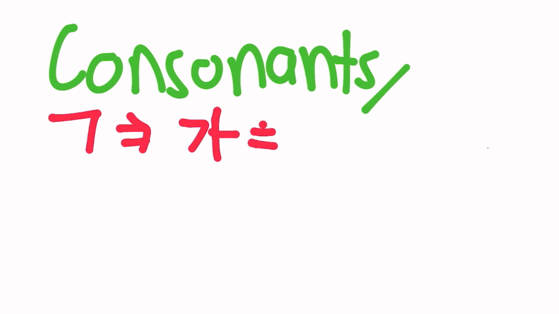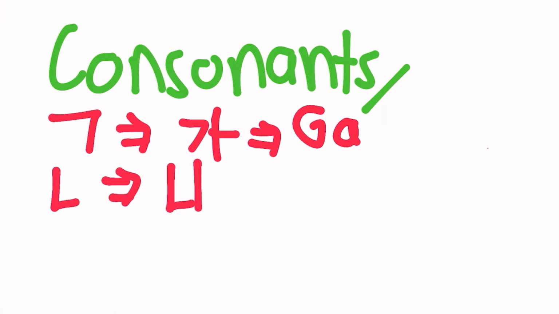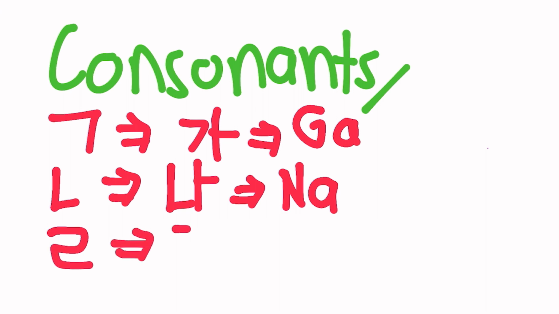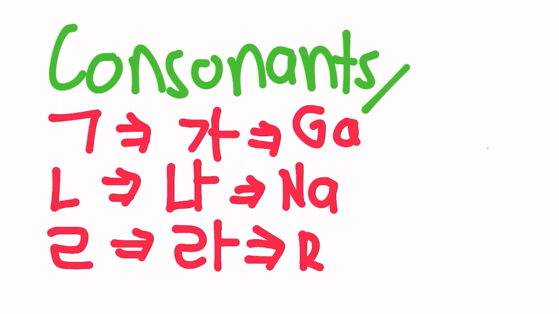For example, for this one, we can read it as ga. Next one, we can read this one as na. Third one, we have R or L right here. We can read it as ra.